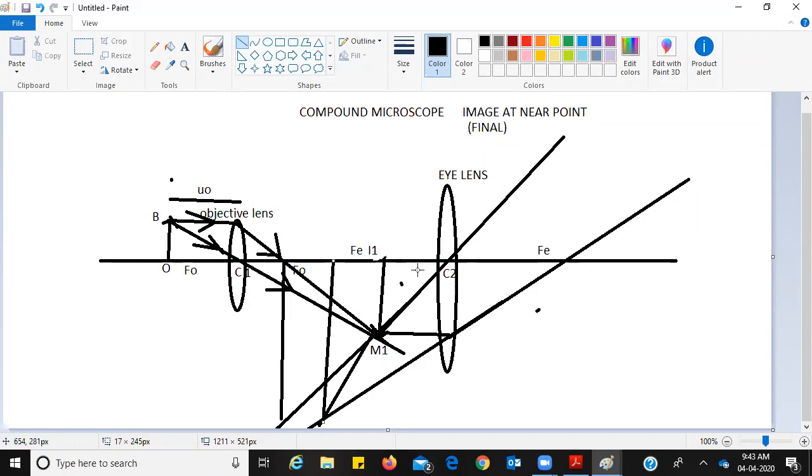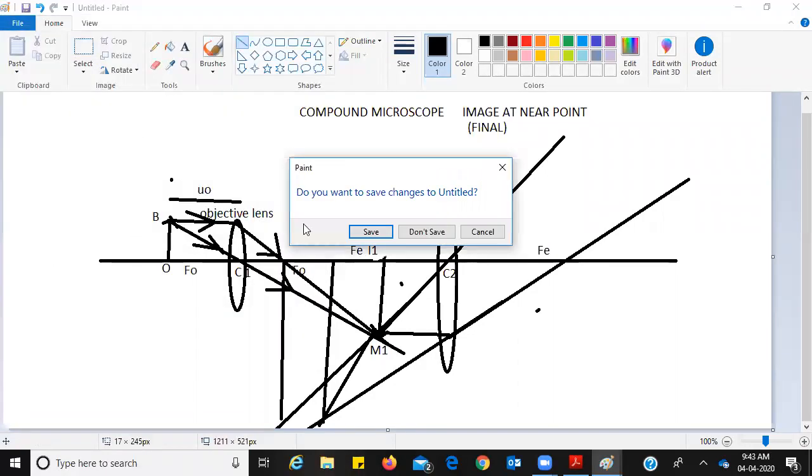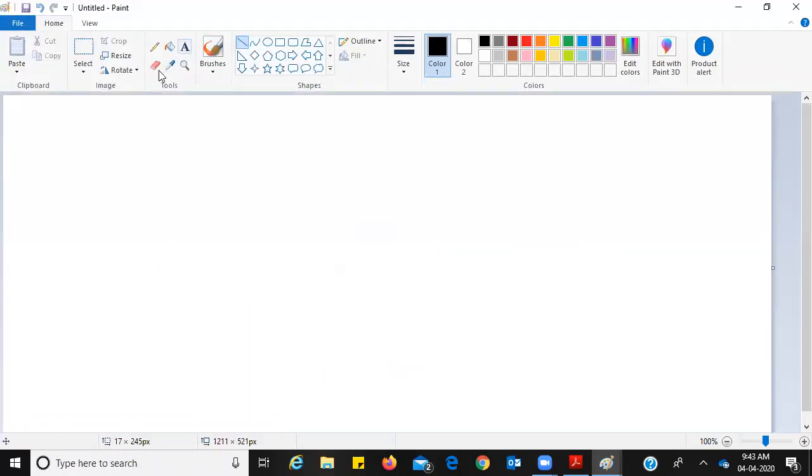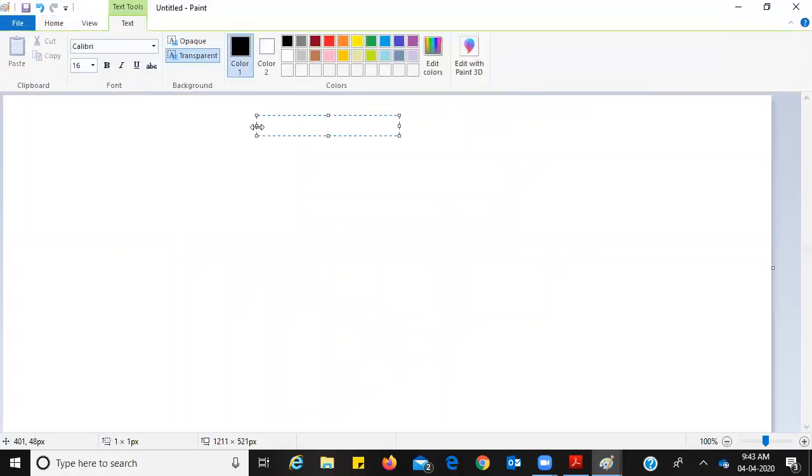So I'm going back to the other way diagram. The case is the compound microscope, final image at near point.